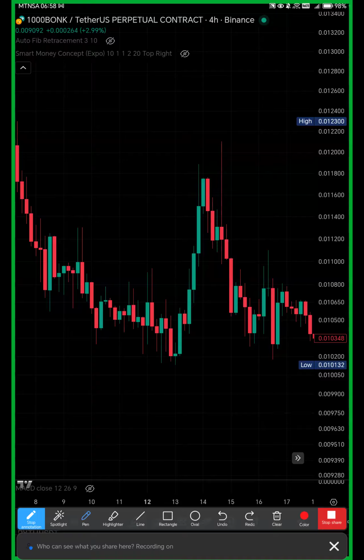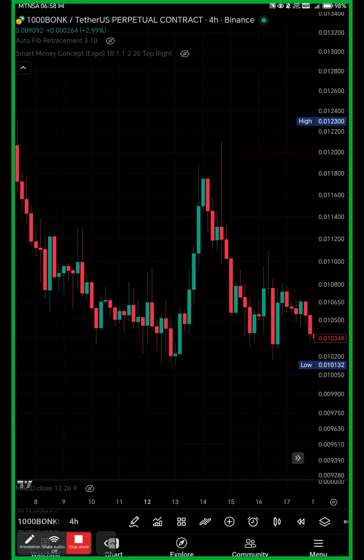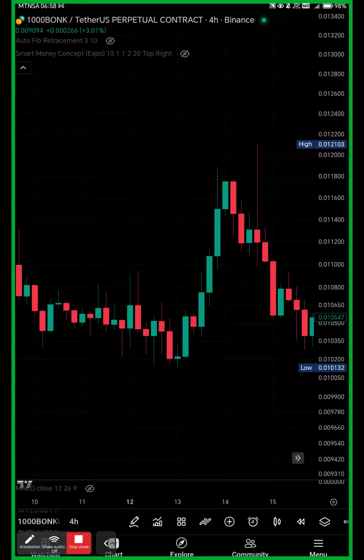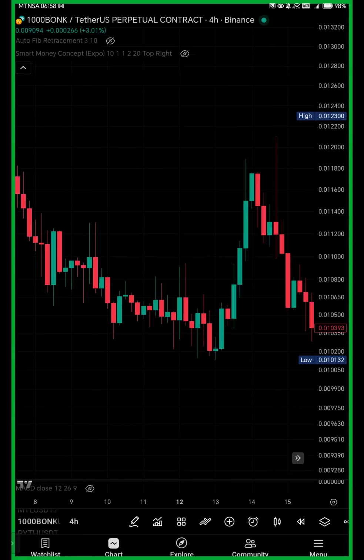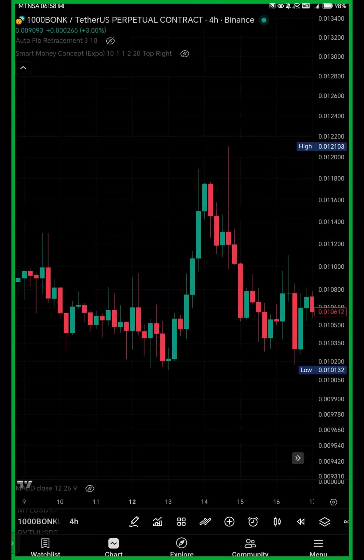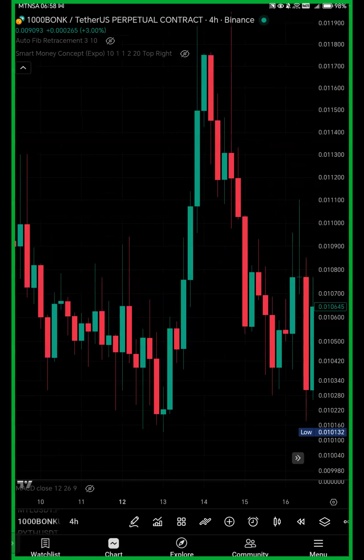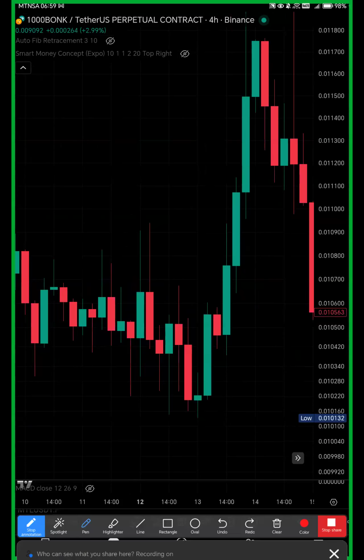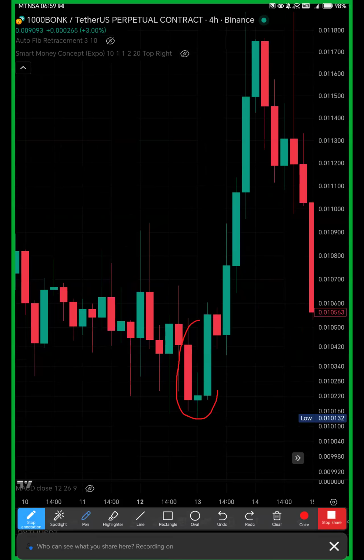So you can see what type of formation is here, ladies and gentlemen, where the price started to rise down here. If you remember, what formation is this one here? There is this candle here, then this candle in the middle, and then this candle here.